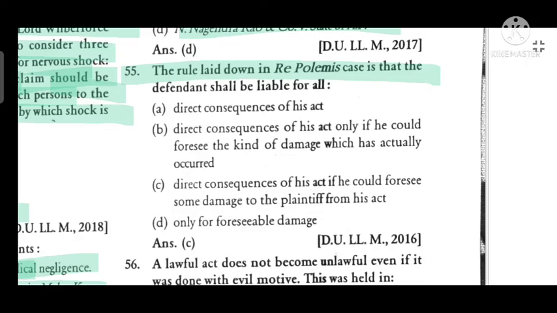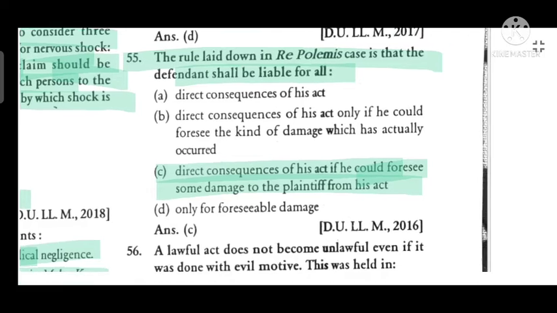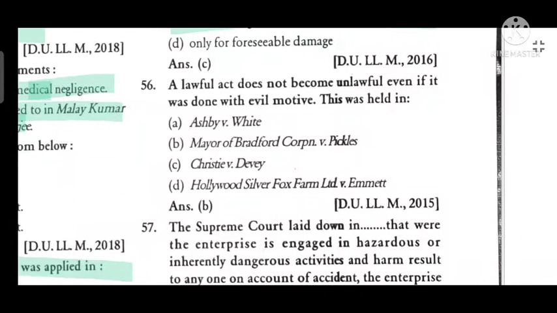The rule laid down in the Re Polemis case is that the defendant shall be liable for all direct consequences of his act, even if he could not foresee the damage to the plaintiff. A lawful act does not become unlawful even if it is done with an evil motive.